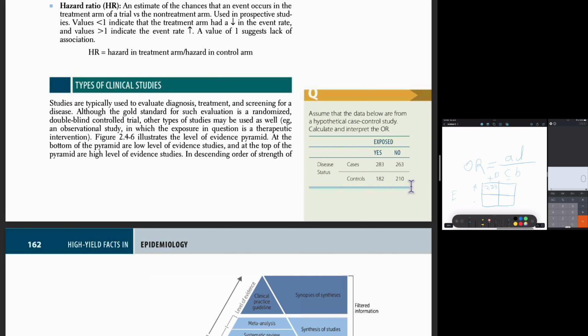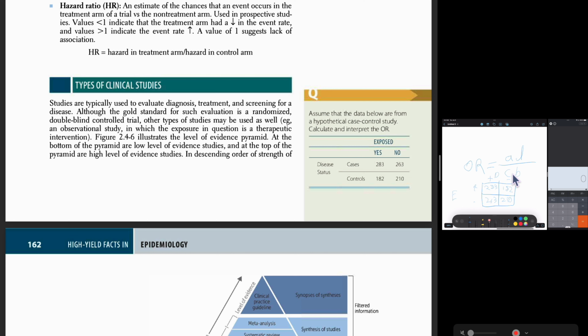So 210 will be here. Exposed, yes. So that's 182 there, and 263 here. Is that right? 263, they don't have the disease. They're not exposed, but they're in the disease column. Yes, okay. Cases, 283, they're exposed and they're in the disease column.